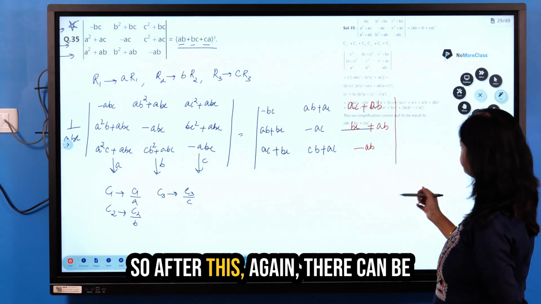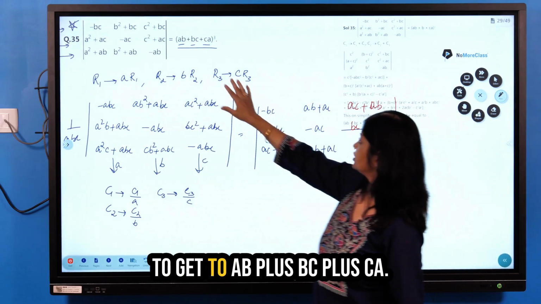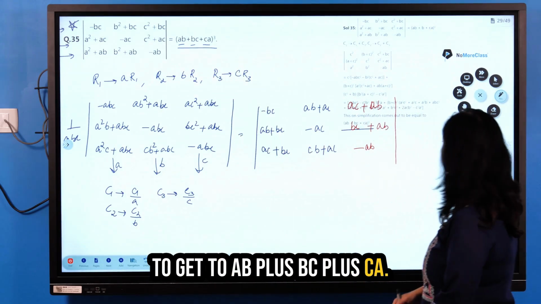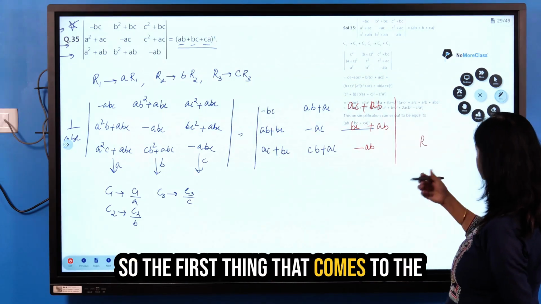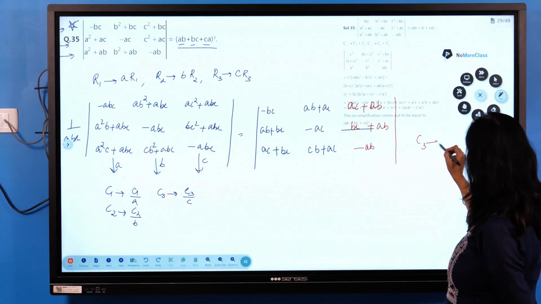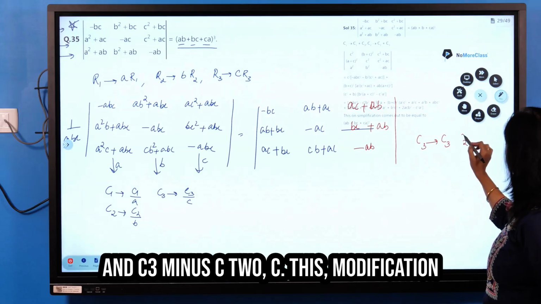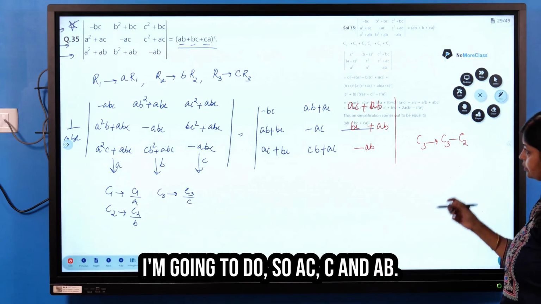After this, again, there can be many approaches, but I am trying to get to AB plus BC plus CA. The first thing that comes to mind is that we are going to do C3 going to C3 minus C2. This modification I'm going to do.